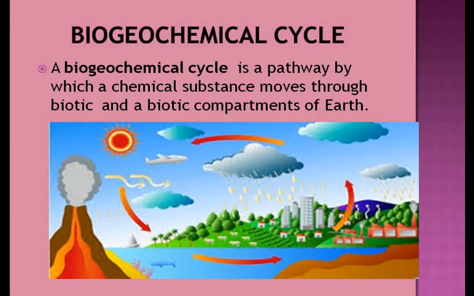In this, there is a cycling of the chemical substances which moves from the biotic to the abiotic world, or the abiotic factors cycle between the living and the non-living parts of an ecosystem.